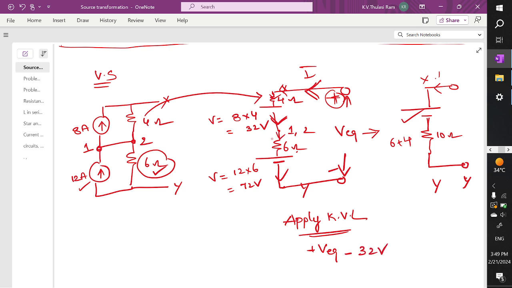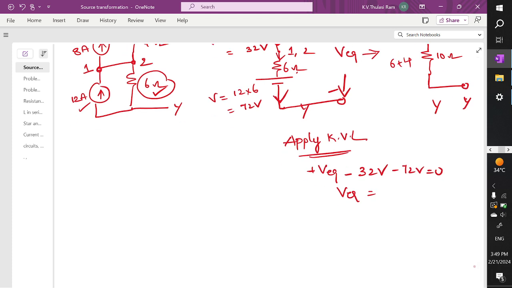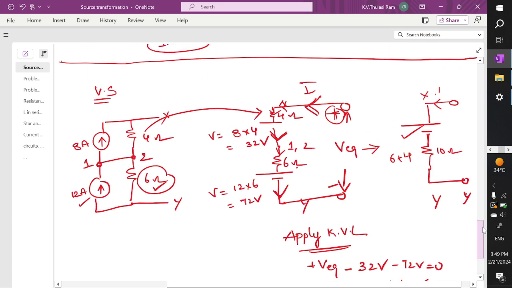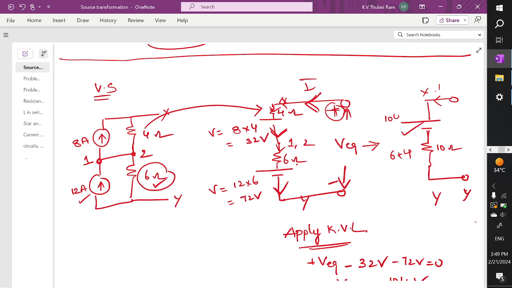Then it is entering into 6 ohm and leaving here, the leaving polarity is minus 72 volts. V equivalent is equal to 32 plus 72, which is 104 volts. So here also we get 104 volts.